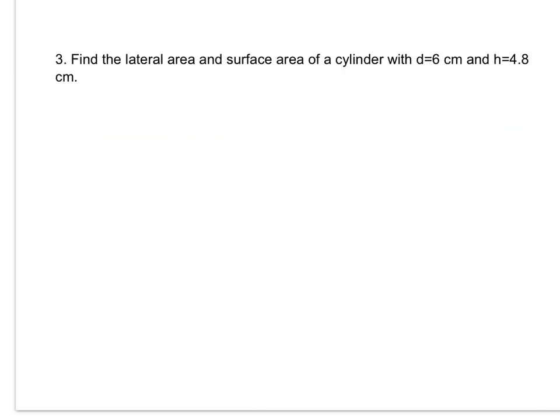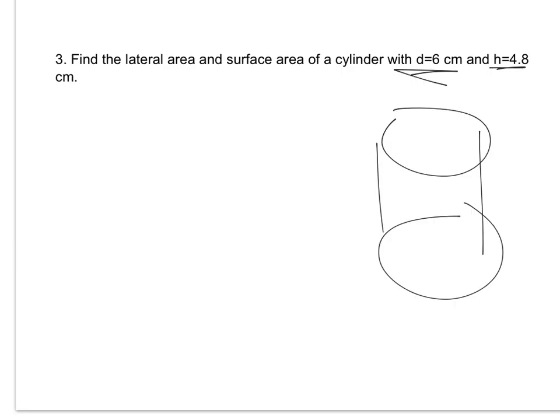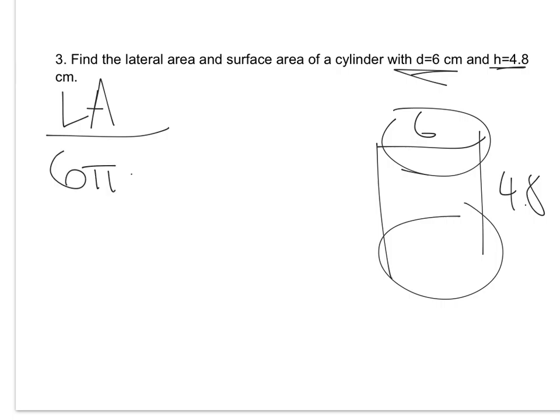Now, diameter is 6, height of 4.8. Drawing my circle here, this is going to be 6, this is going to be 4.8. Now, figuring out lateral area: that's circumference times height, so diameter times pi times 4.8, which is going to be 28.8 pi.